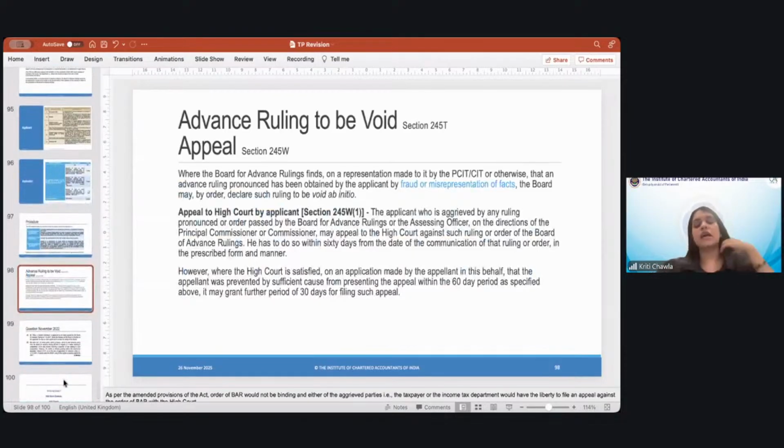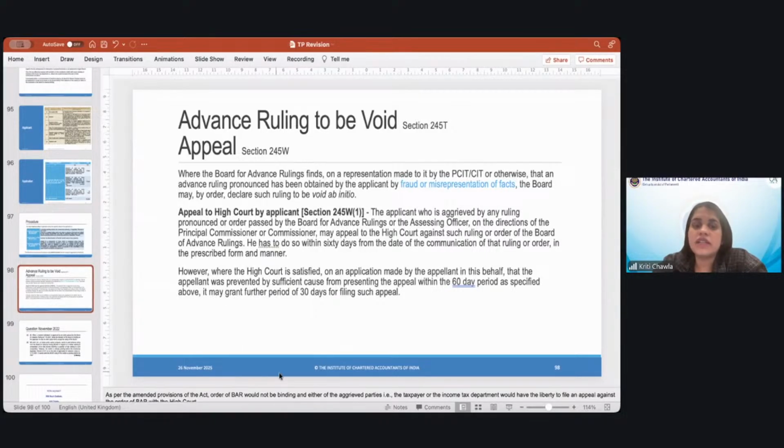Finally, this particular slide mentions advance ruling to be void. So it basically says that if there is an advance ruling where a representation has been made by the applicant by fraud or misrepresentation of facts, etc., then the board will actually declare it to be void ab initio.